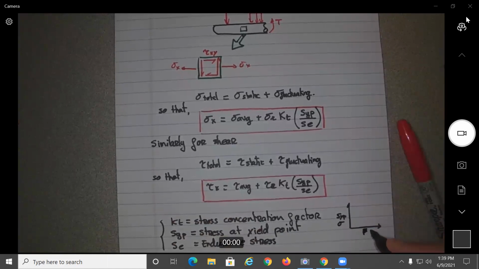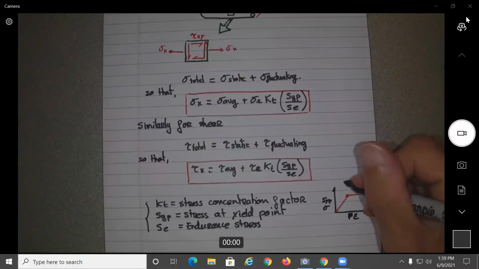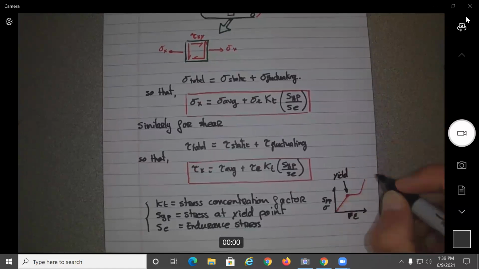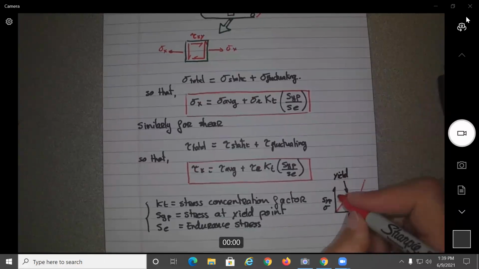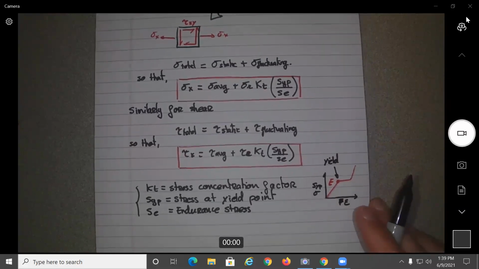This will be deformation. That will be easier. So what is the yield point? The yield point will be the value where the stress relation... So I hope you remember this from solid mechanics.